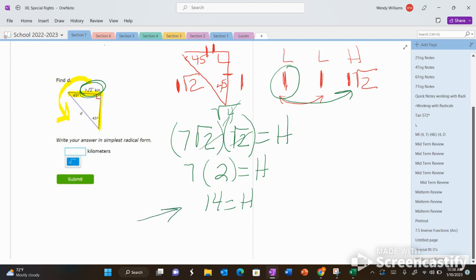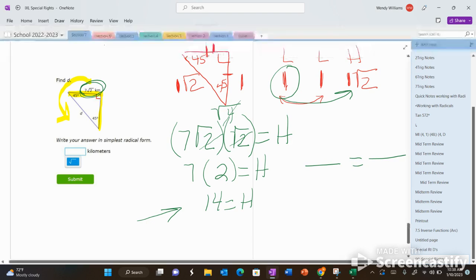Mrs. Williams, I still don't get the shortcut or the special relationship, so I'm going to set up a proportion. Okay? And then you set up the proportions using what you know compared to what they're giving you.